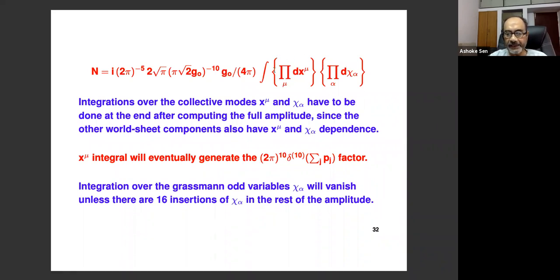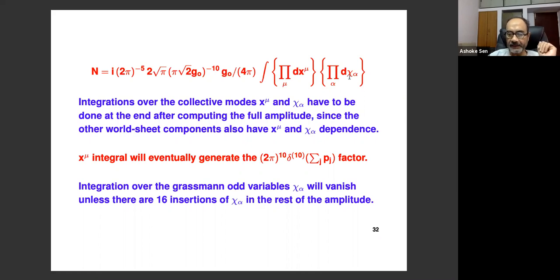Okay. So the x integral that I have already said, this x is now correctly normalized, so it will just generate this factor. The fact that you have this integral over chi's basically says that other worldsheet components must have chi's. Because if you just take the original amplitude that I gave, the disk one-point function of 4 gravitons, then the integral over the chi alphas will just make the answer 0, right?